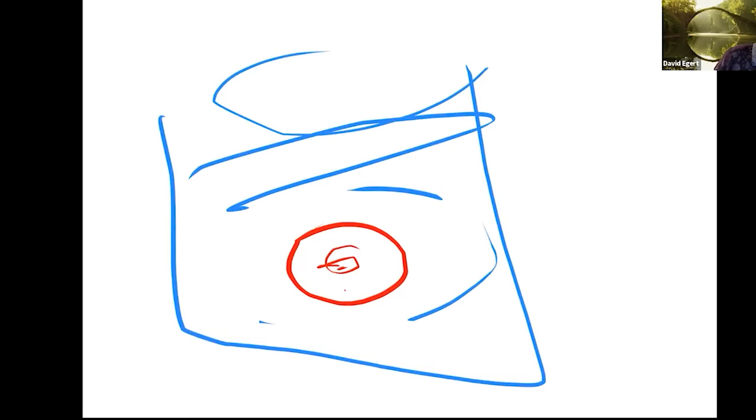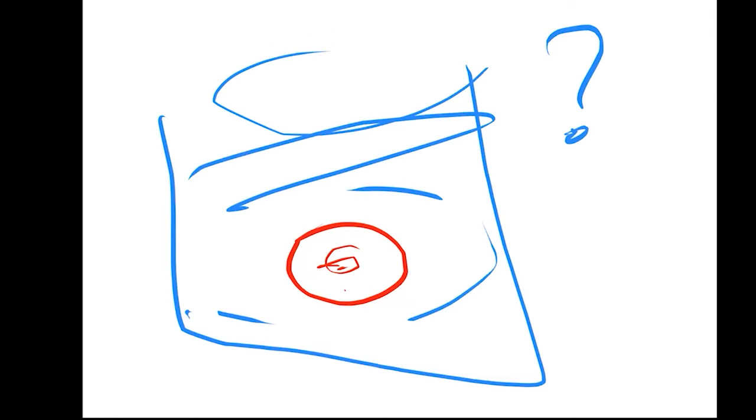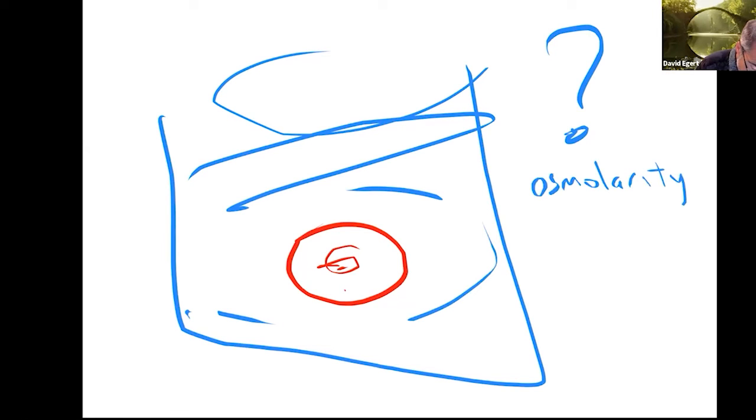If I have a red blood cell in some solution, and I want to know what's going to happen to this puppy, what are the two things I have to think about? Osmolarity. Is it greater than 0.3? Is it equal to 0.3? Is it less than 0.3? That's going to make a big difference.